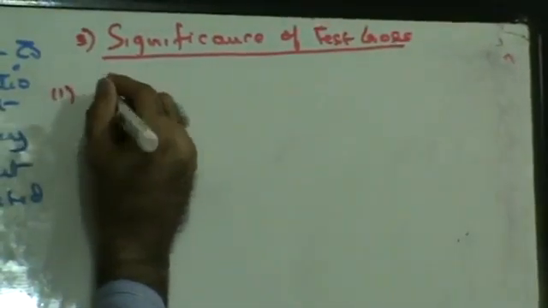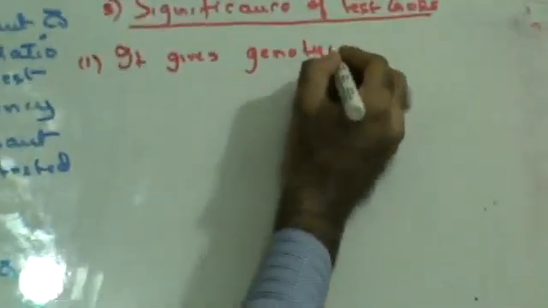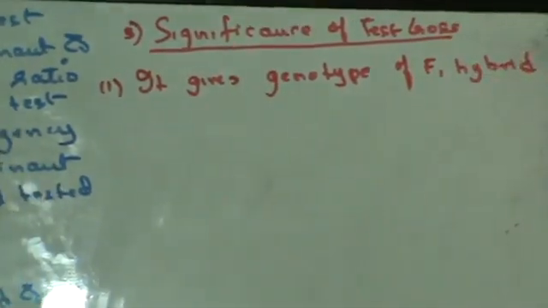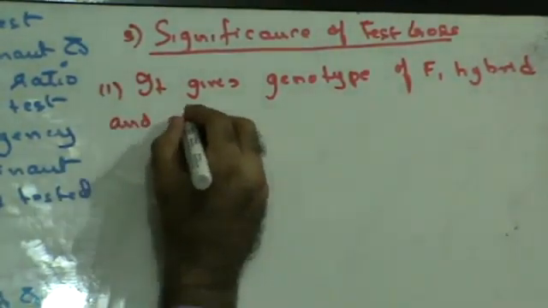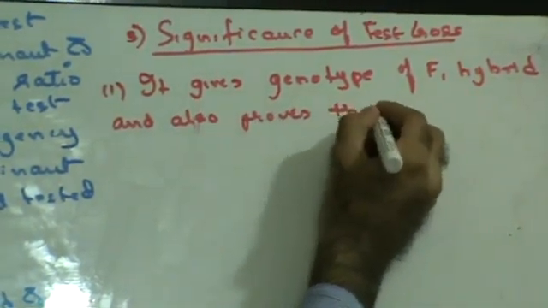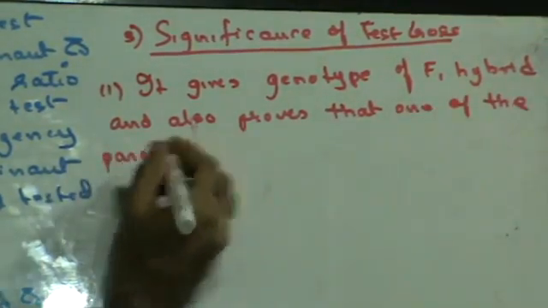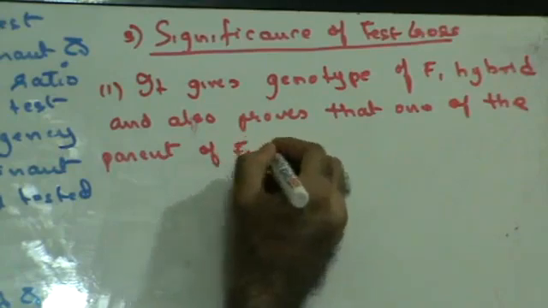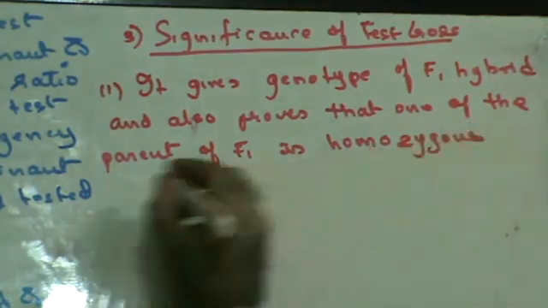First, it gives the genotype of the F1 hybrid, and it also proves that one of the parents of F1 is homozygous recessive.